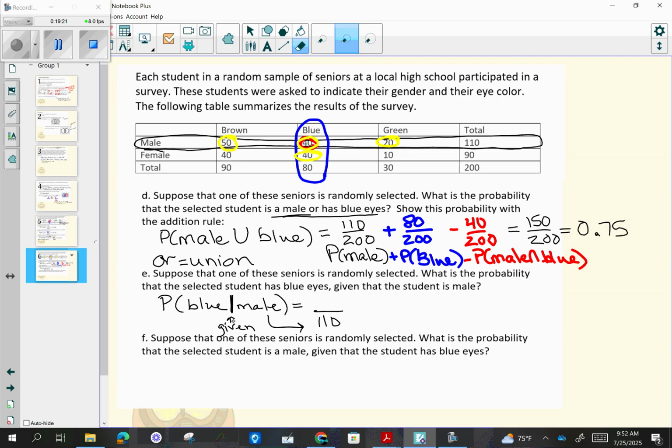What number is that? Hopefully you're saying 40, because that's this one, where male and blue intersected. When we divide that, you get 0.364.